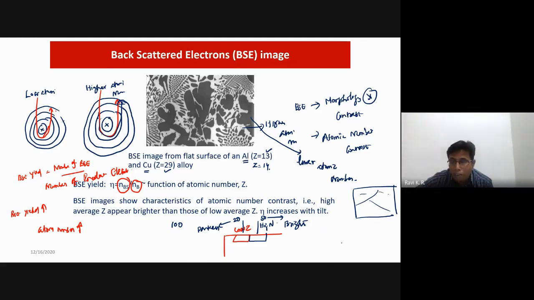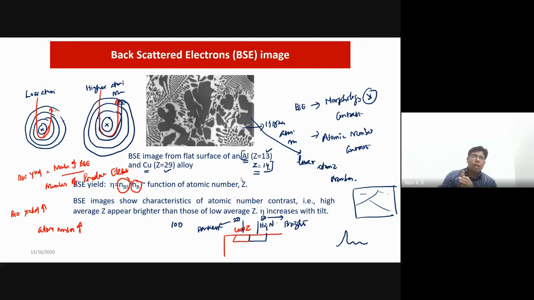But on the same sample, in secondary electron mode, you can see the contrast because of the peaks and valleys in the sample, but you cannot see the contrast in the backscattered image. But this is very useful when you want to understand the chemistry, let's say you have two phases where heavier elements are segregated in one region and lighter elements are segregated in another region. In those places, backscatter electrons are very useful.